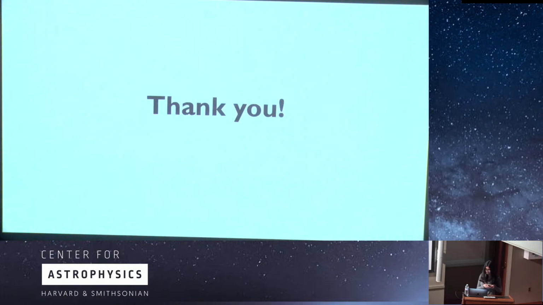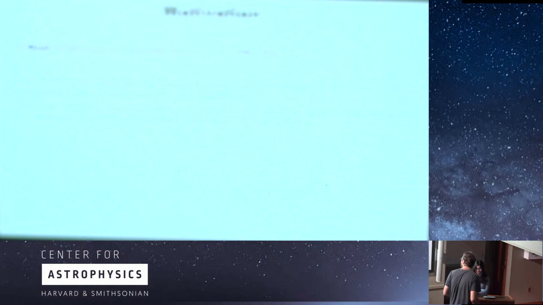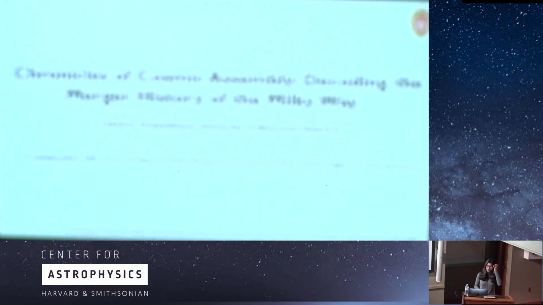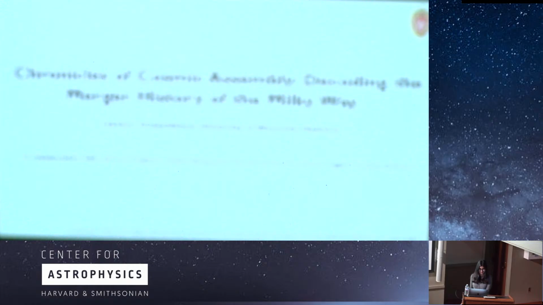All right, maybe we'll not use it. We might just have to press the button. We'll go back to the beginning. Is it possible to then highlight? You can use the laser pointer. Yeah, okay. Back then. Sorry about that. Okay, so let me start by talking about why understanding the merger history of the Milky Way is important. No, it's not that.